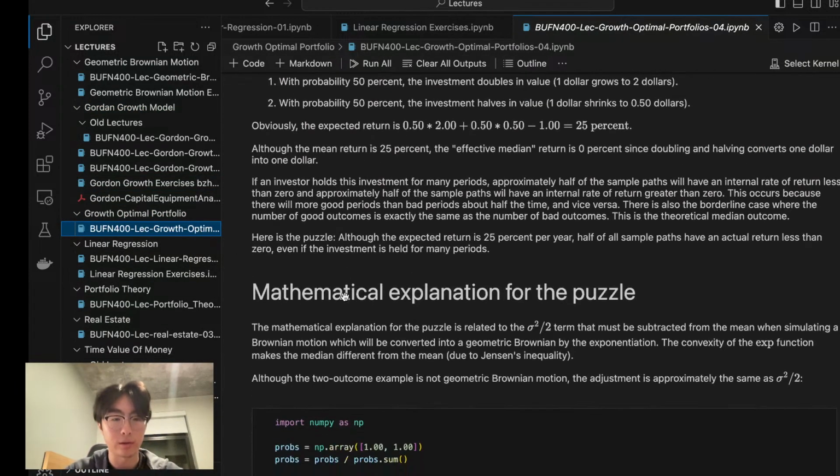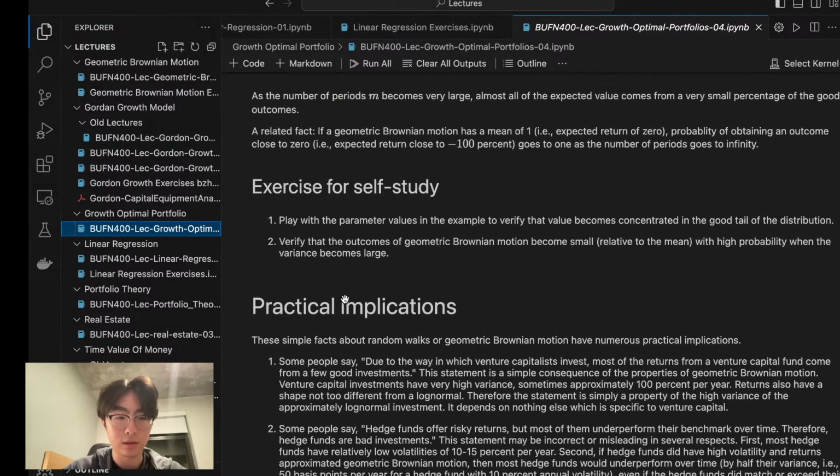Oh, we also have the Gordon growth and the growth optimal portfolio.